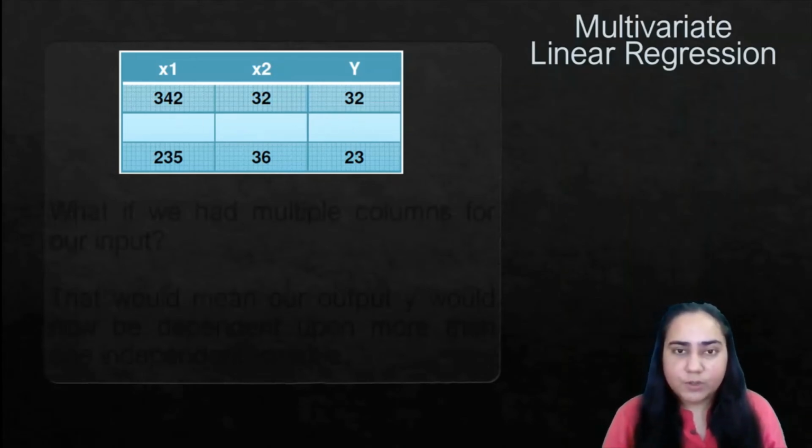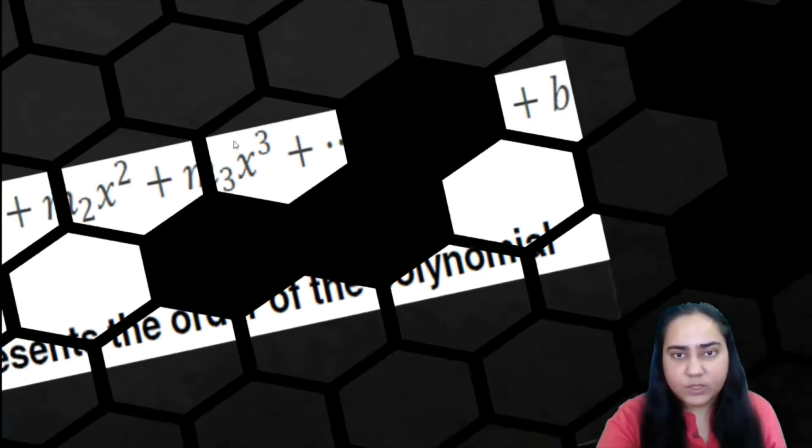In this case, you cannot use simple linear regression, which is used only when there's one independent variable and one dependent variable. Because we want y to be predicted by multiple variables, we have multiple columns here.